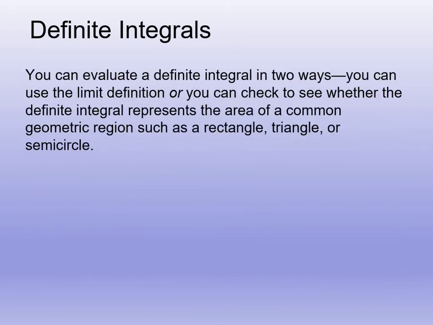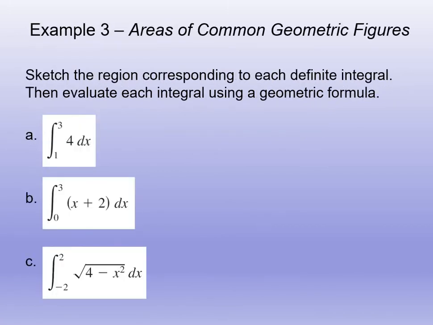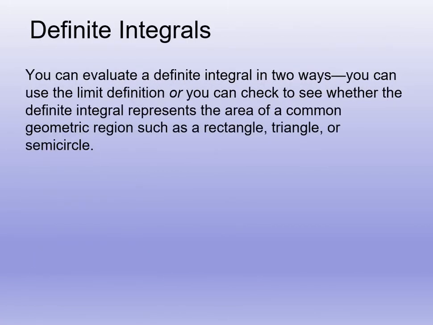So we can go through what we've been doing. Same thing that we just did: use the limit as the norm approaches 0 of f of ci times delta xi.